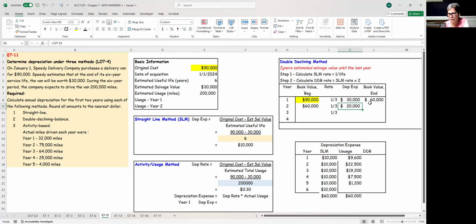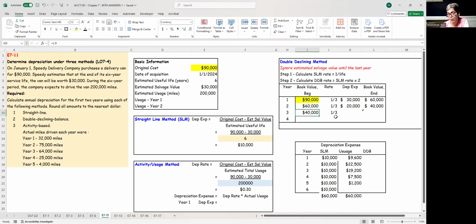That's 20,000. That now brings us down to 40,000, the book value. Again, original cost minus accumulated depreciation. Original cost is 90,000. Accumulated depreciation is 50. So 90 minus 50 gives me 40. That now becomes my beginning value in the third year.